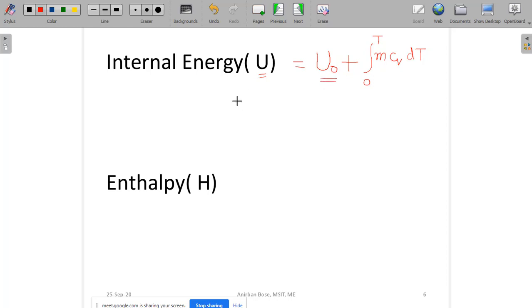Now this U0 is basically the internal energy at 0 Kelvin. If you want to physically understand what we mean by this quantity, draw the Condon-Morse curve.